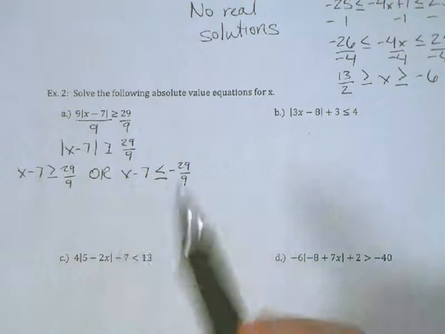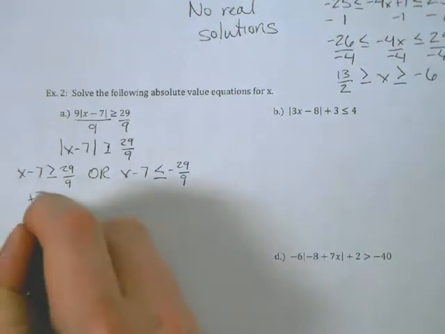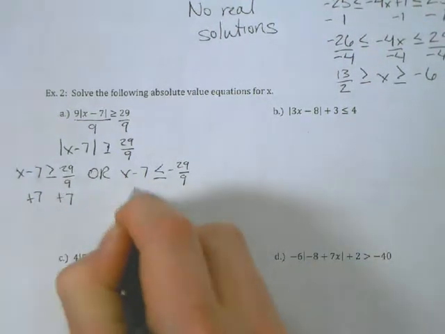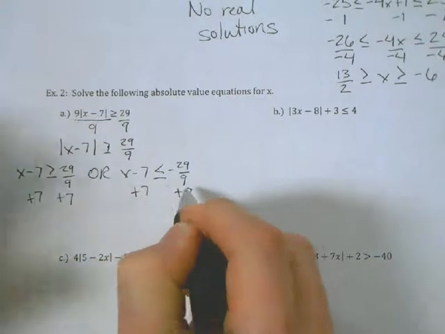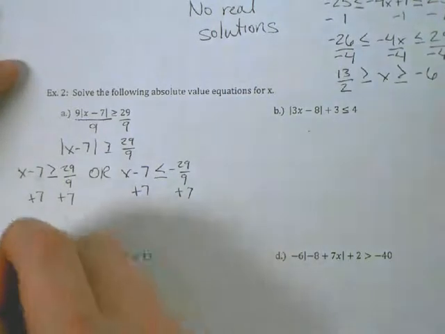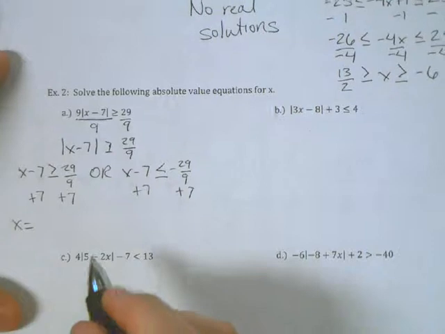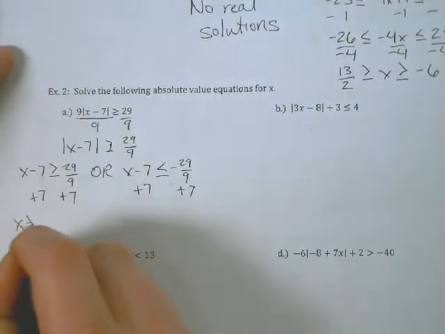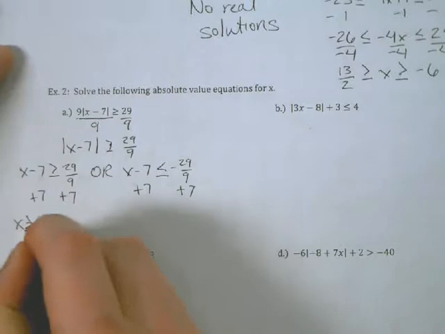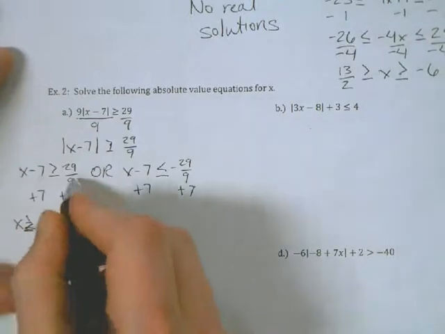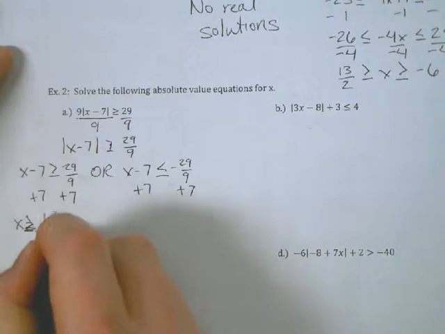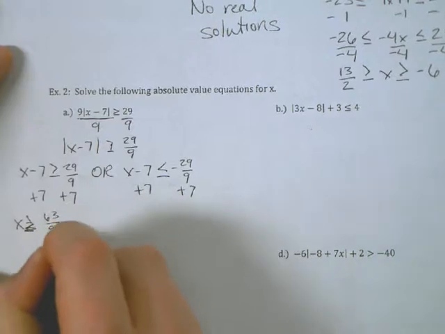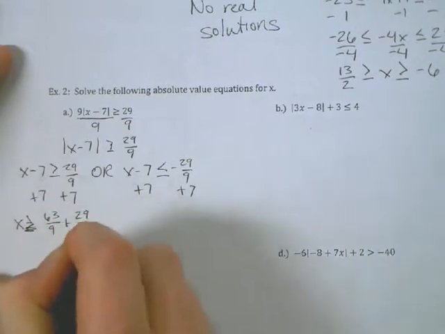Now, solve these the way you would normally solve them. Add 7. So I get x, if you remember from yesterday, x is greater than or equal to 7 plus 29 over 9, but 7 is the same thing as 63 over 9 plus 29 over 9.